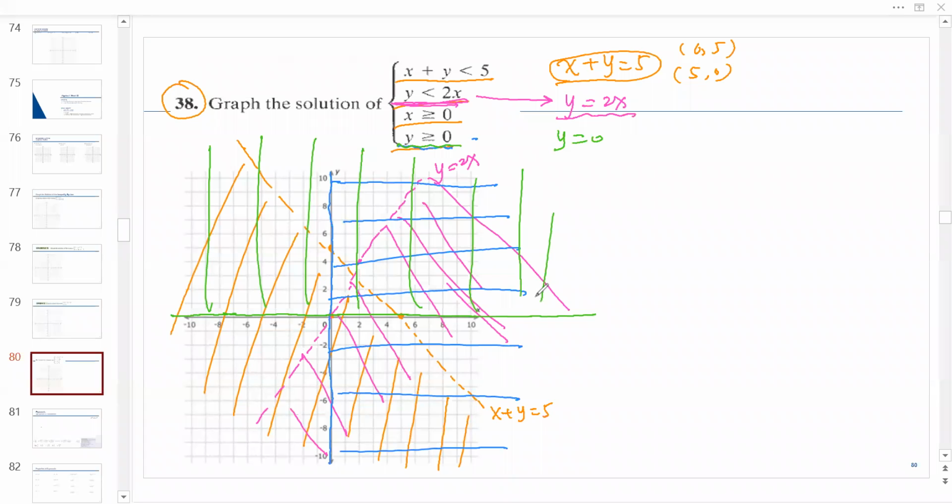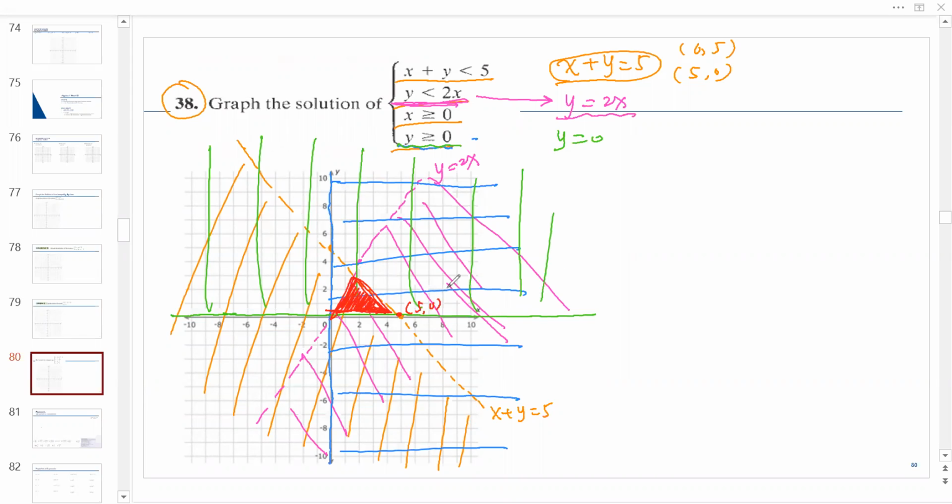Let me use the red, a different color. So you can see this area. This area actually is the overlapping area of these 4 conditions, right? Need above here, right side here, bottom here, and bottom here. So only this area.